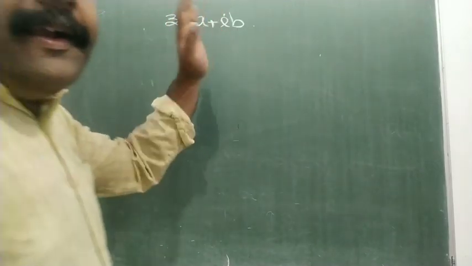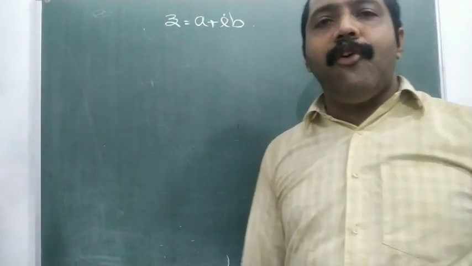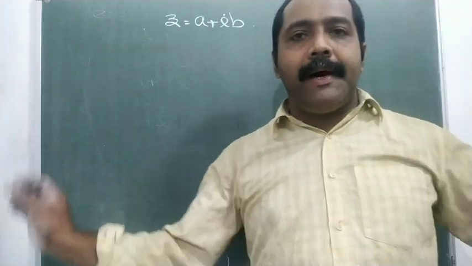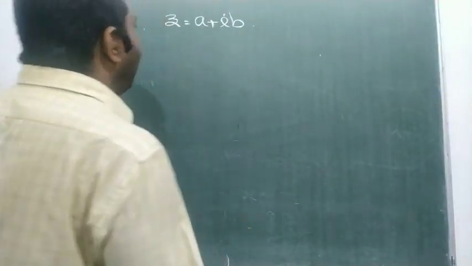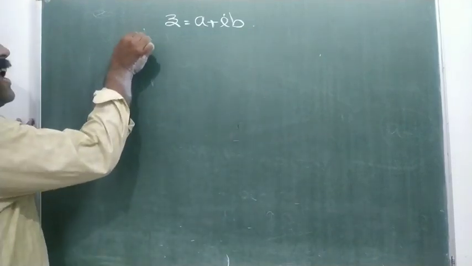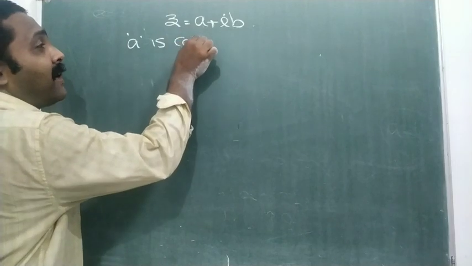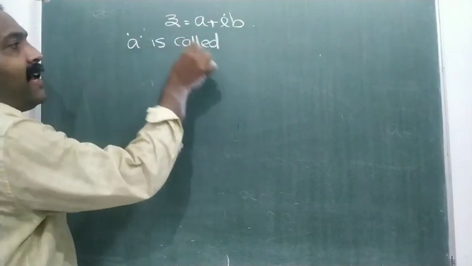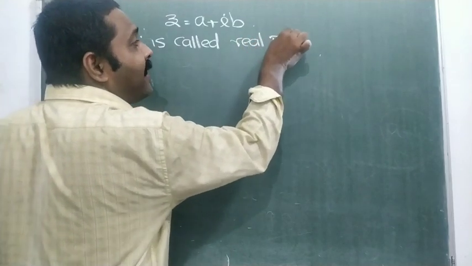z is equal to a plus ib is the general form of a complex number, no doubt. In a plus ib, a is called the real part.